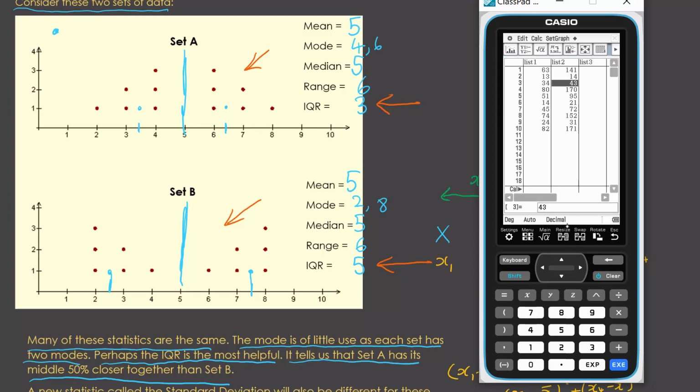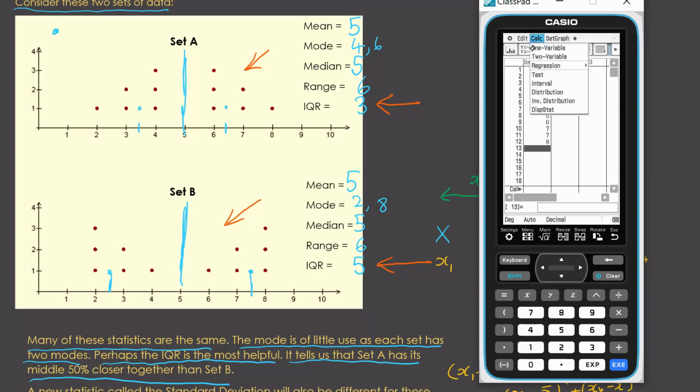Let's just resize and clear what we had. And let's enter dataset A. So dataset A has 2 3s, and 3 4s. It has 3 6s, 2 7s, and an 8.